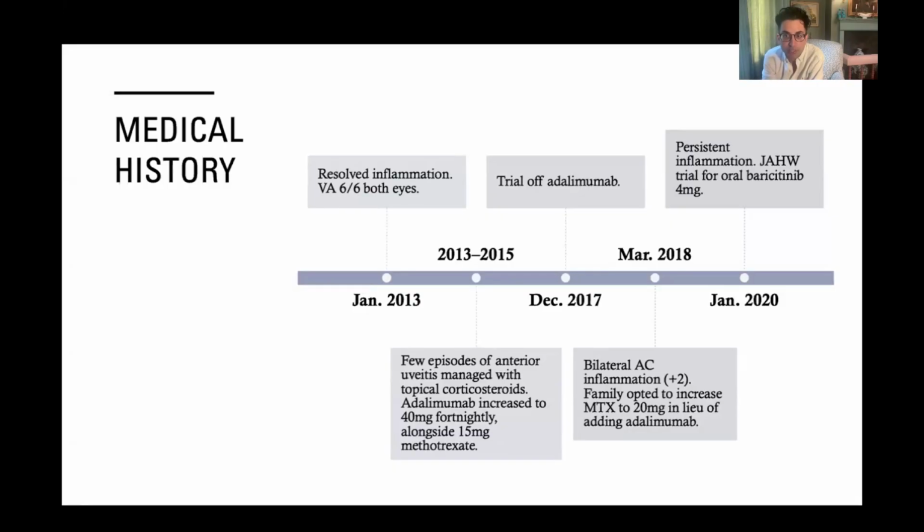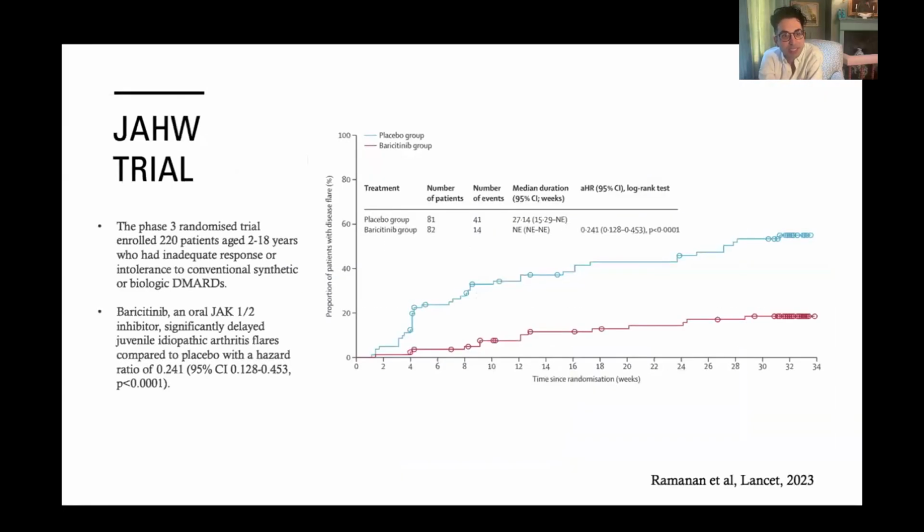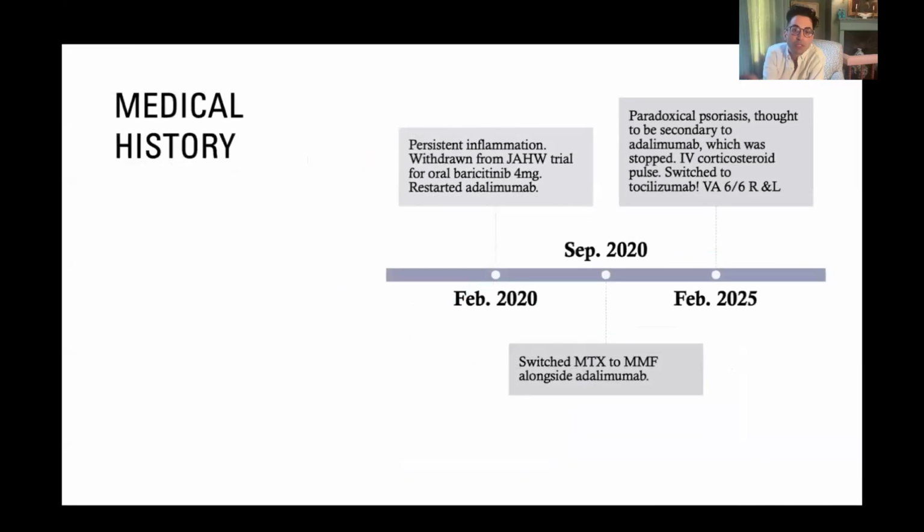And so he was then recruited for the baricitinib trial, which is called JUVE-BASIS or JUVE-BRIGHT, depending on the name that you go by. And yet another little slide about this trial, which showed that baricitinib has a use in treatment-resistant uveitis in JIA.